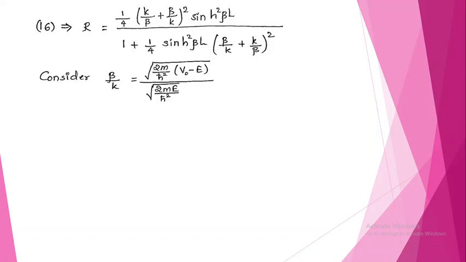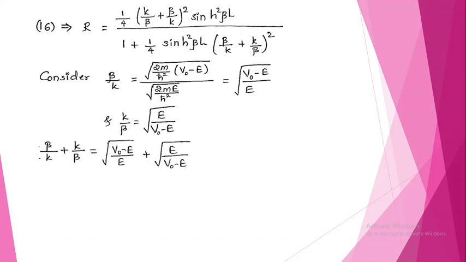So here 2m by h cross square is going to cancel out, and we get beta by k equals the square root of (V naught minus E) by E. If you take the reciprocal, we get k by beta, which is equal to the square root of E by (V naught minus E). Now we just need to substitute, so that we get the value of (beta by k plus k by beta) whole square.